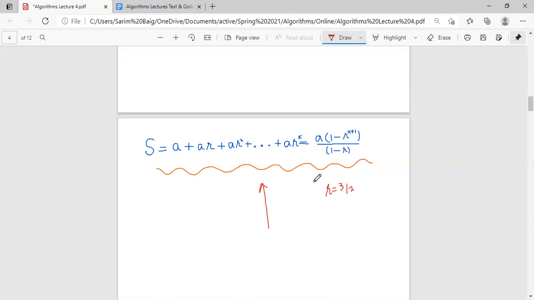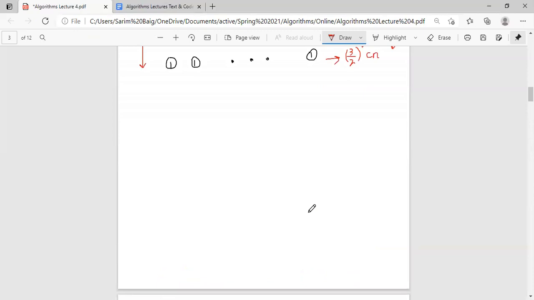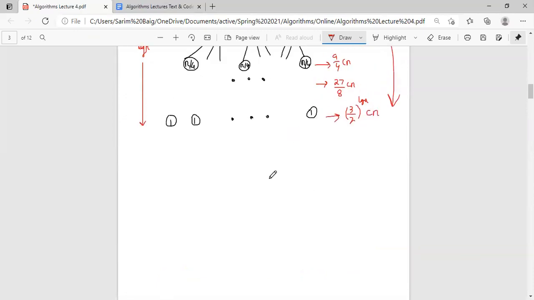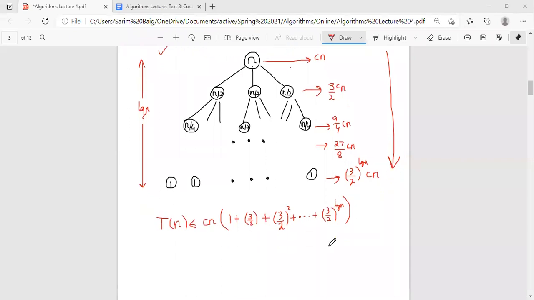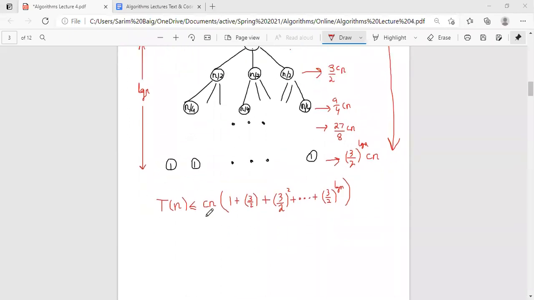So in fact, why not take the sum here and then plug it back? So let me write down this series, and then we work out the sum for the series. So this is your geometric series, right? If you take C n common, this is the geometric series.